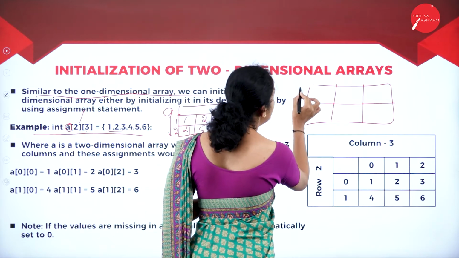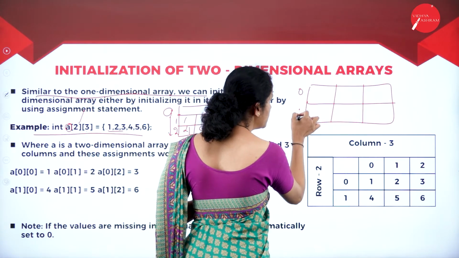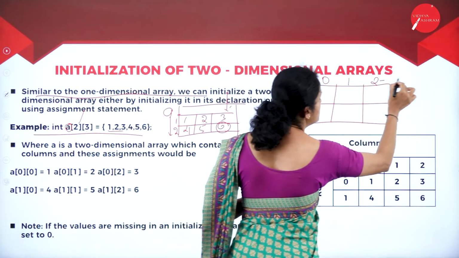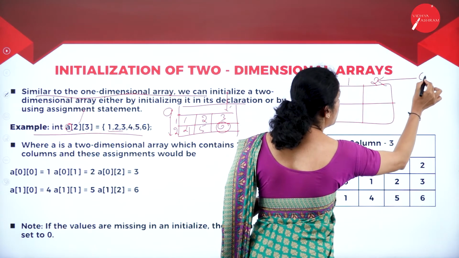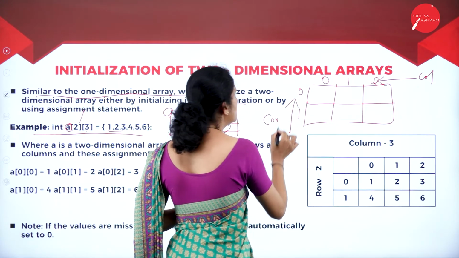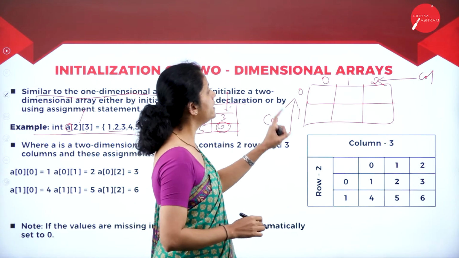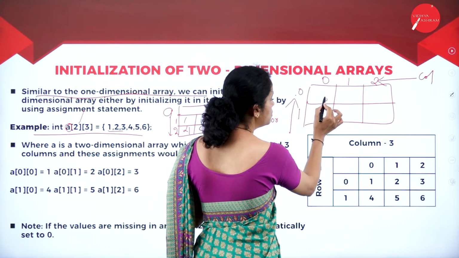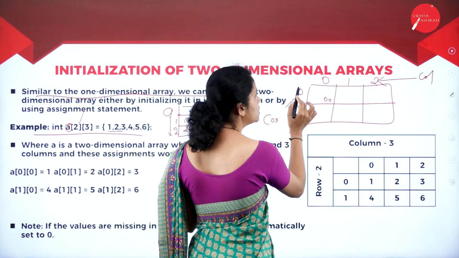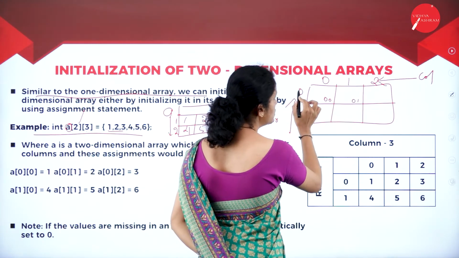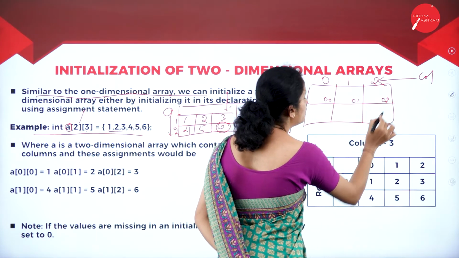Now see the index here: 0th index, first index; 0th index, first and second. This is always my column and this is always my row. Now I want to write the index. So here I'm having 0 and 0. 0th row, first column. 0th row, second column.